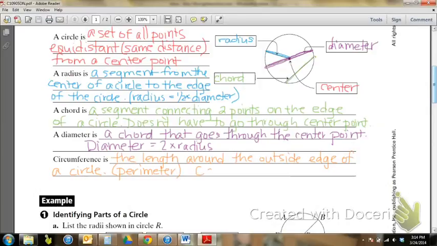And circumference is pi times diameter, or 2 times pi times the radius, since the diameter is just 2 times the radius anyway. So pause the video and fill that in before moving on to the examples.